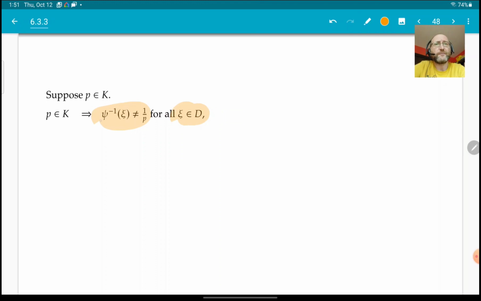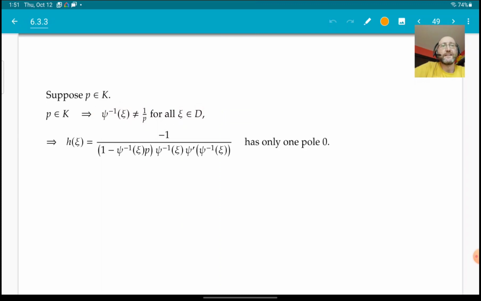So maybe I could pull that back by phi again, so it's not P, right? Because that was the complement, after all these steps. Those are exactly the things that aren't in K, right? So that means that this thing only has one pole, right?